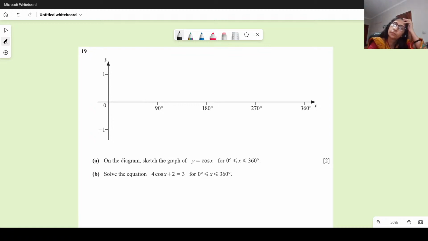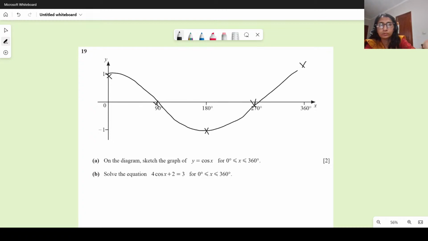From the calculator, you can check that cos 0 is 1, cos 90 is 0, cos 180 is -1, cos 270 is 0 again, cos 360 is 1, and then you can join all of these with a smooth curve. Try to do a better job than me, but this is what the general trend of the graph will be.